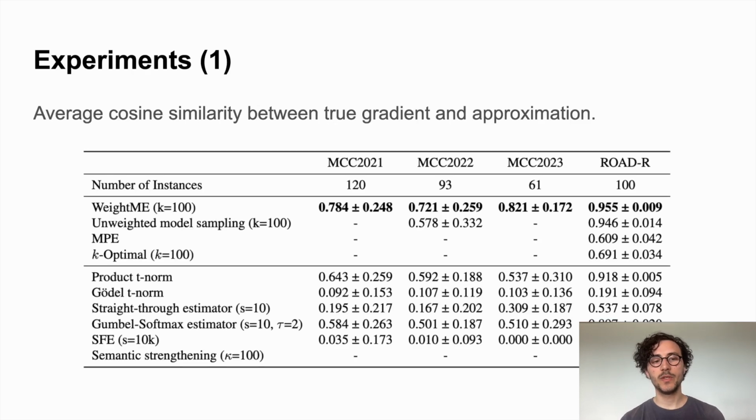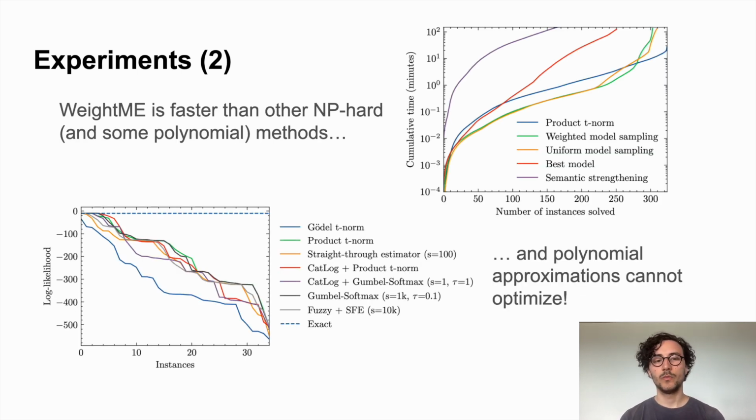We also have some experiments. In this experiment, we look at the difference between a variety of approximation methods compared to the true gradient. We show that compared to all existing gradient estimators, WeightME has much higher fidelity, so it's much closer to the true gradient. We also show that WeightME is typically faster than other methods which are NP-hard, and do some SAT solving.